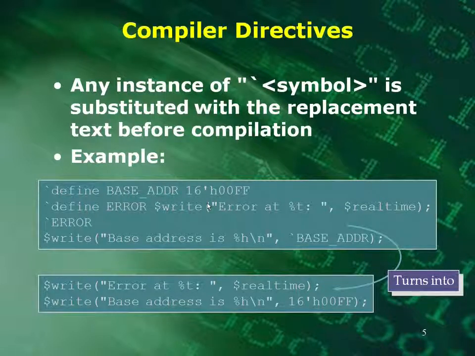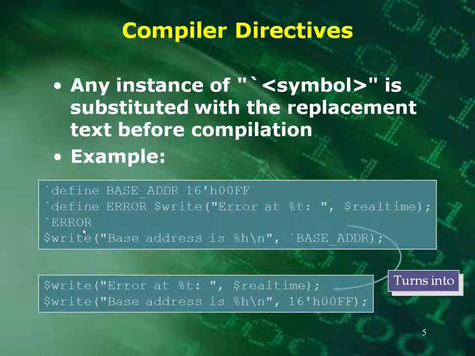Any instance of the tick symbol is substituted with the replacement text before the compilation. So that's why this is just text. It doesn't have to be a number. It can be actual, maybe some Verilog code that you want to put in. So here we've defined a couple things. One of them is this error, where it's this write statement. So here we've actually used it by going tick error, okay?